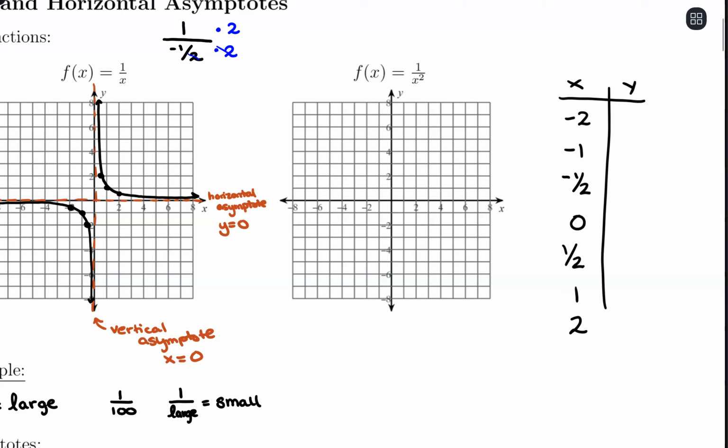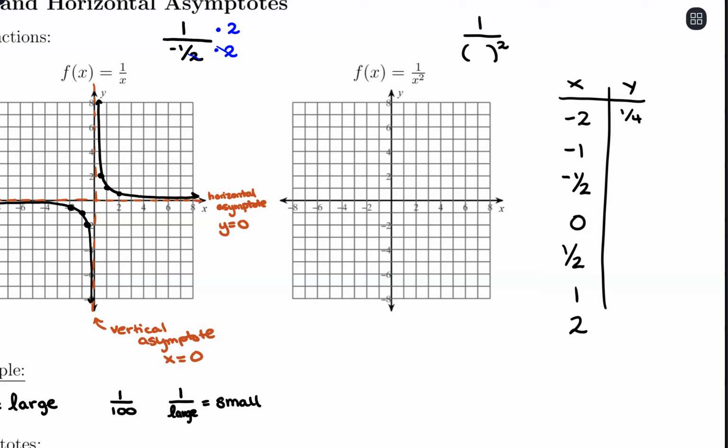All right, so again, when we're plugging in here, make sure you're thinking about parentheses. So this is 1 over x squared, so it's like 1 over and then empty parentheses squared, and we're plugging in our x values into those parentheses. So if I plug in -2, that'll be a +4. So we are graphing 1/4 when we're at x equals -2.